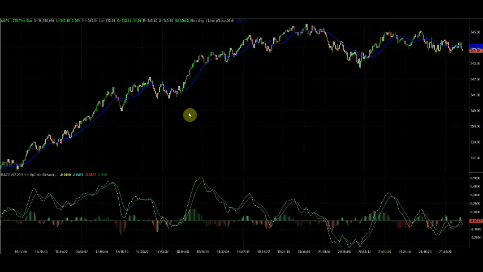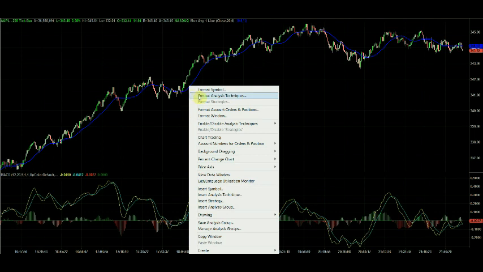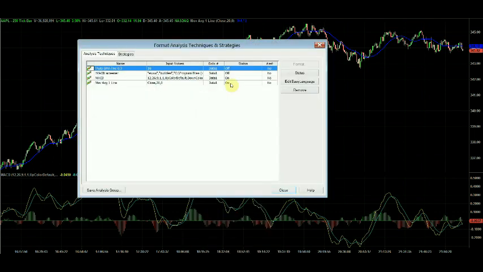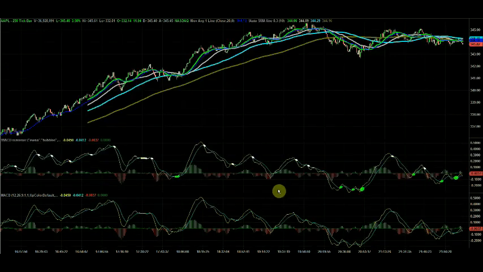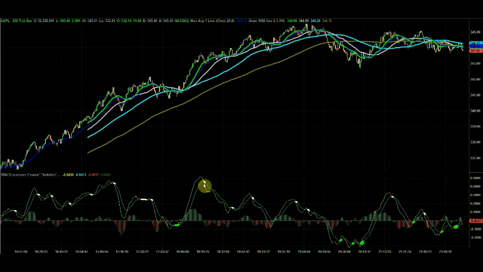Now, the nice thing about this, for me, I like to manipulate my programs, and what I did is I coded it so that when it makes the crosses, it makes a blob.